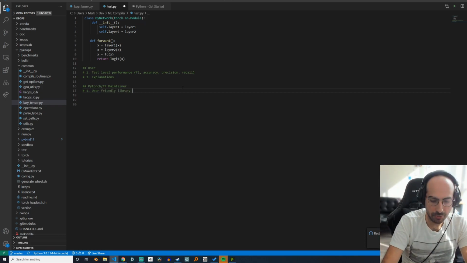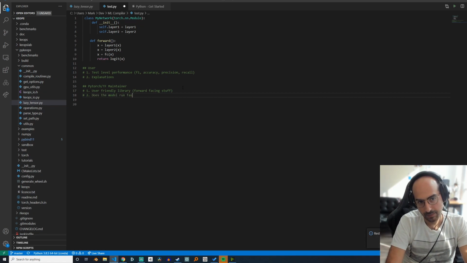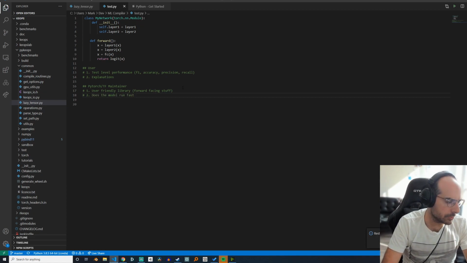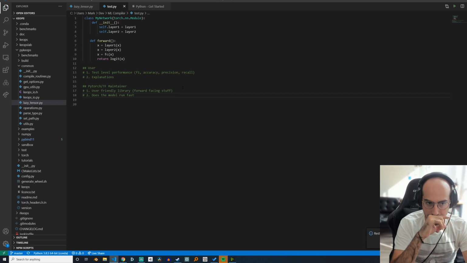So this is the forward-facing stuff. But there's also the backend that's really important. By backend here, what I mean is: does the model run fast? And this is really what we're going to talk about today. How do you make it so the models run fast?